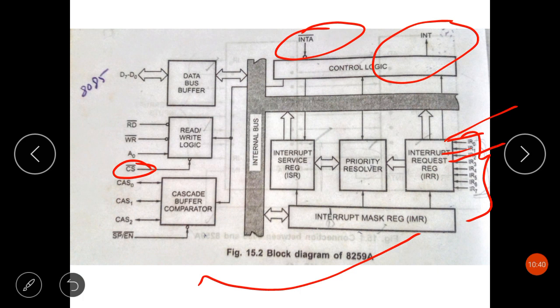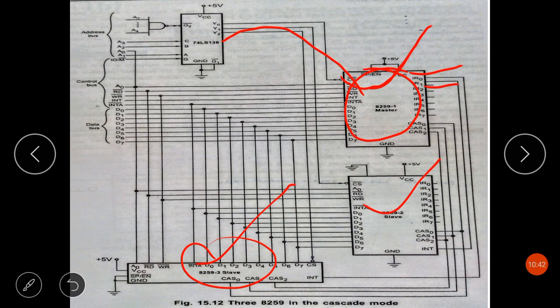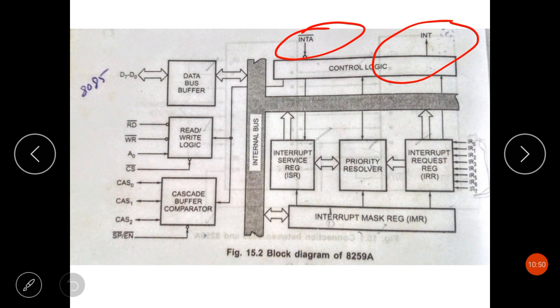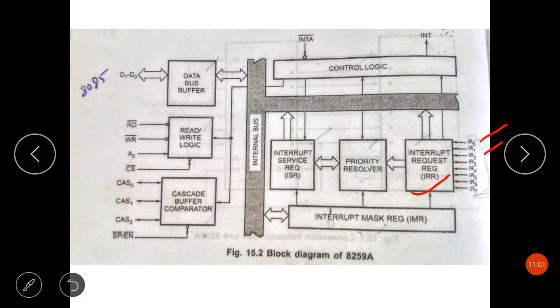Now the next block that I am going to discuss is the interrupt request register. This interrupt request register is basically used to store all the interrupt levels which are requesting service. So it is actually dealing with all the interrupt requests which are requesting service.